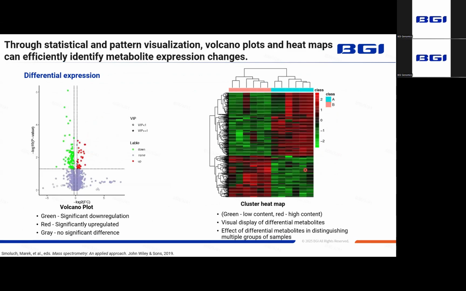differential expression, the volcano plot is an effective visualization tool for differential expression research because it combines statistical significance with amount of change, making it simple to find metabolites with significant differences between experimental conditions, like we are showing in the color green on the left side as the downregulated metabolites, and on the other side, the red colorized, the upregulated.